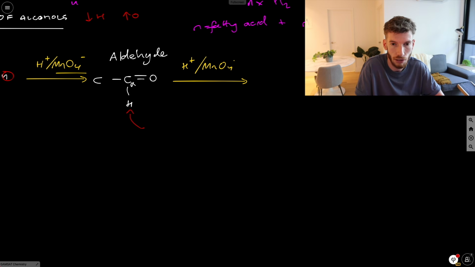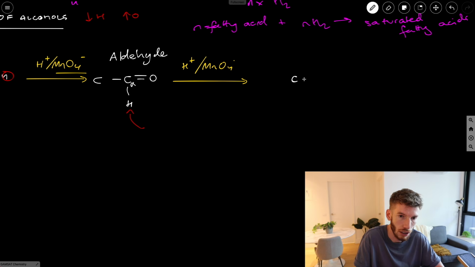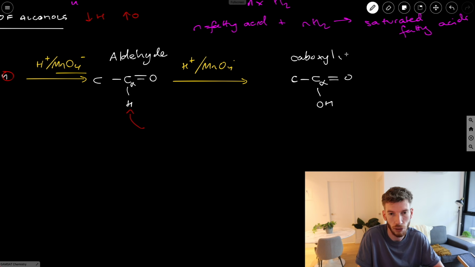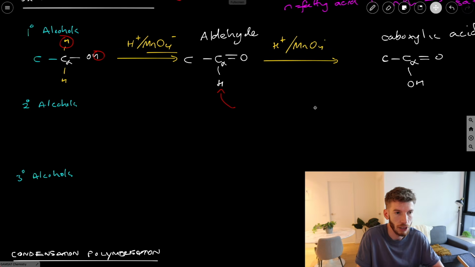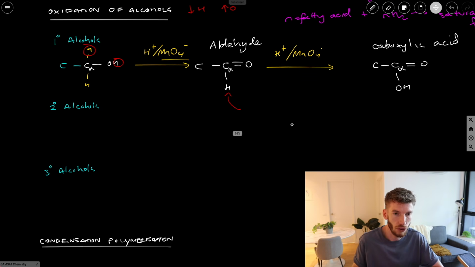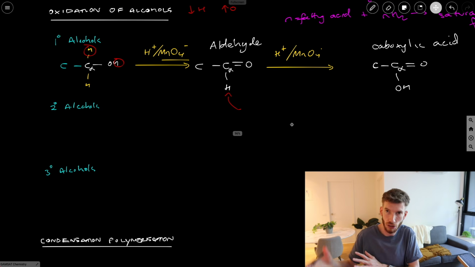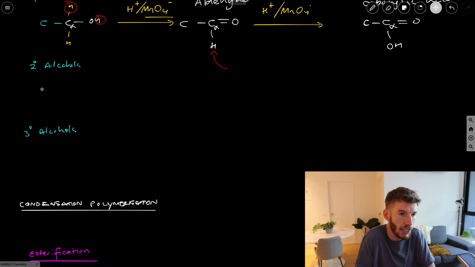So what we'll see now is carbon alpha, double bonded oxygen. Now we're going to see OH instead. And all of a sudden we have a carboxyl group, or a carboxylic acid, like this. And so we can think of that generally meaning that primary alcohols oxidize through an aldehyde group and then into a carboxylic acid. And so then the next one's secondary alcohols.